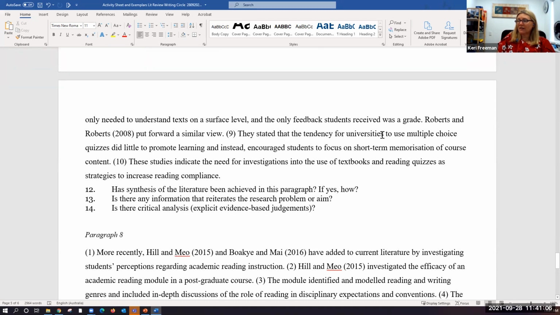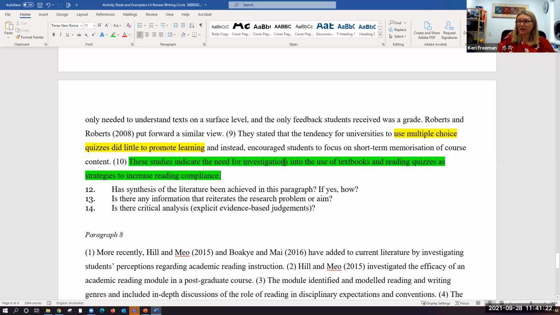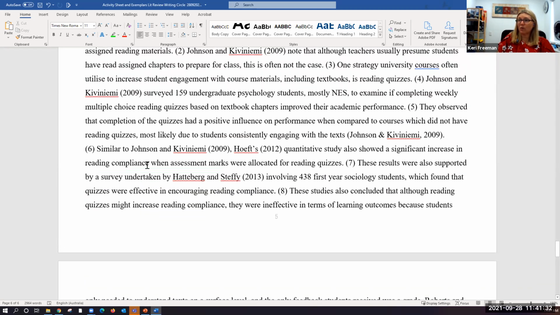Okay, tendency for universities to use multiple choice quizzes. So potentially that's something that was collected regarding the data, wouldn't we say? And then we've come back again to say, okay, we need this study because we need to understand about textbooks and reading quizzes. So explicit judgments are all through.